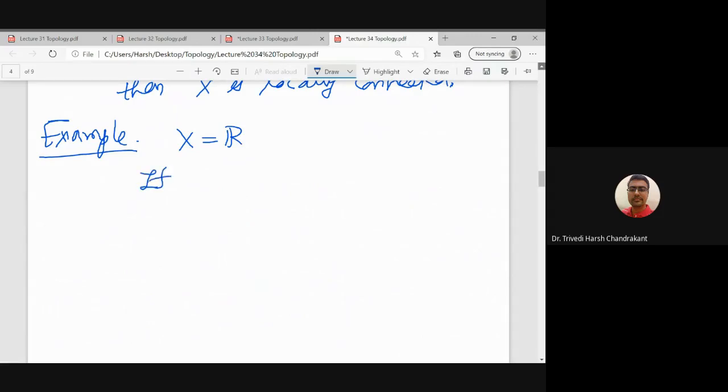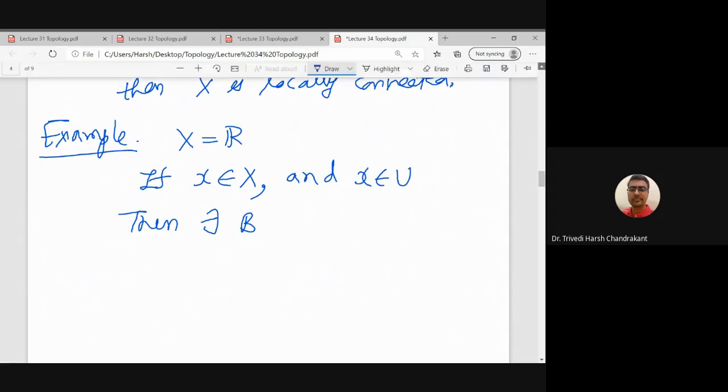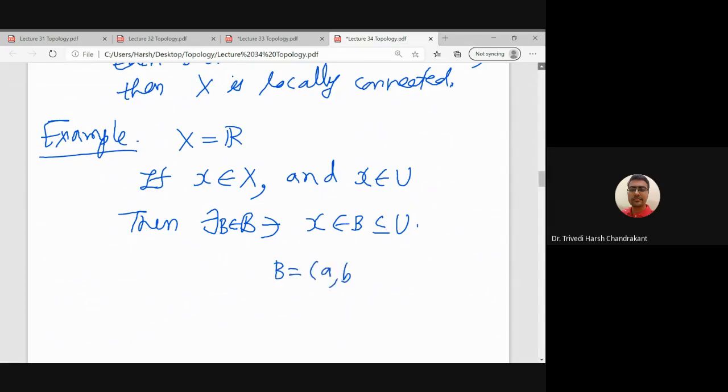If I take any real number x contained in the open set U, then since x is in the open set, there exists a basis element B in the basis such that x belongs to B, which is a subset of U. And here B is basically an open interval, so this is connected.